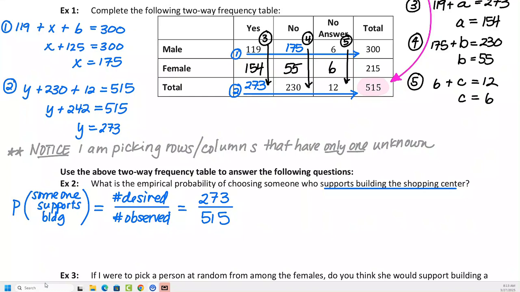Okay, and then if I get a calculator out here, and I do 273 divided by 515 is equal to, and we usually do 3 decimal places. It'll be approximately, I'm going to round, 0.530.